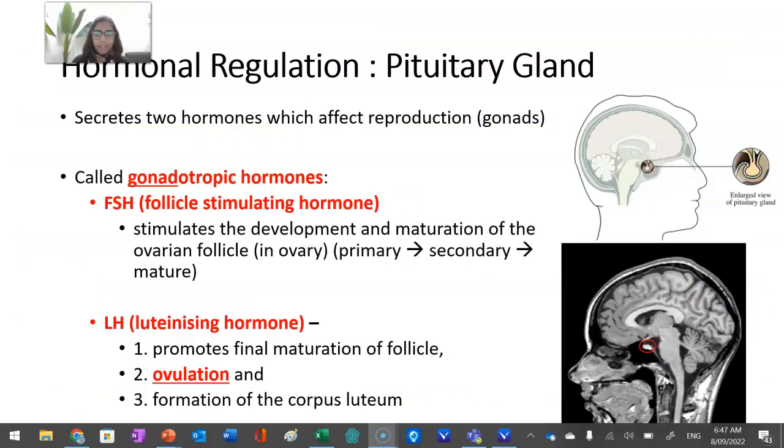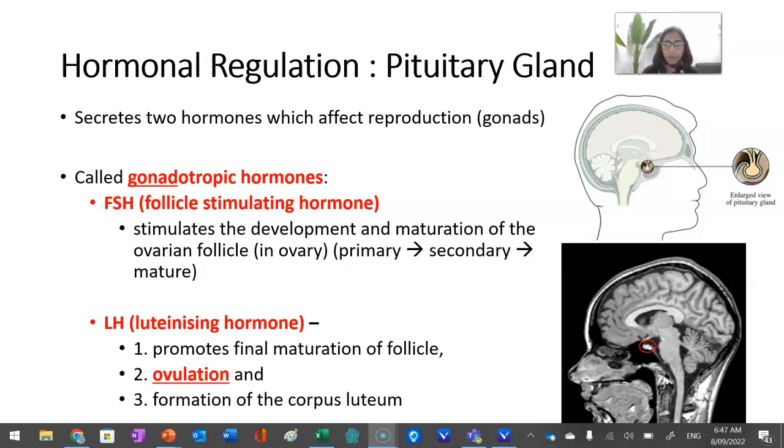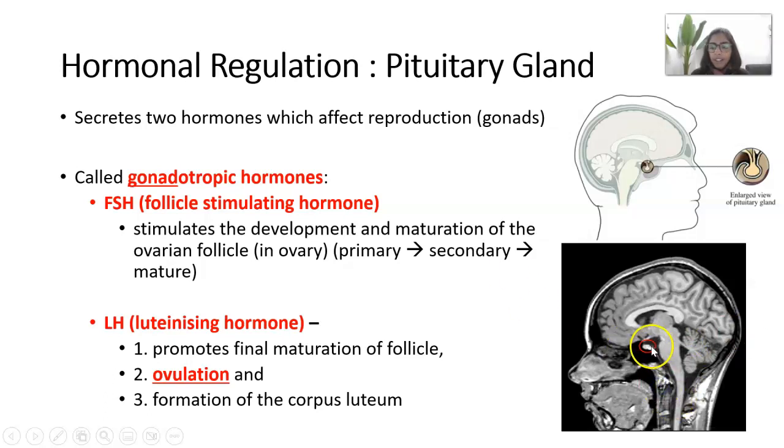Now, all of this that we have just been talking about is actually controlled by the pituitary gland. So the pituitary gland on this MRI image that you can see here is located here, and this controls the gonads. So in females, those are the ovaries. Now the gonadotropic hormones are follicle stimulating hormone and luteinizing hormone.